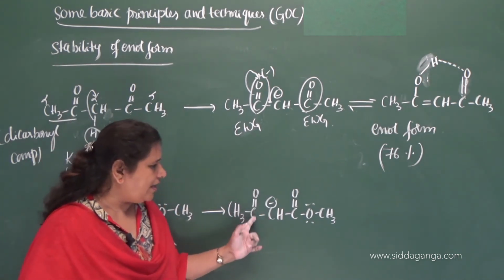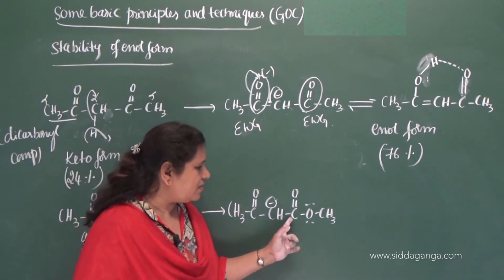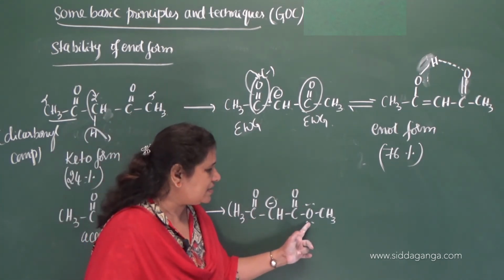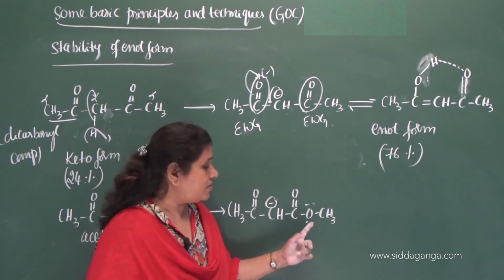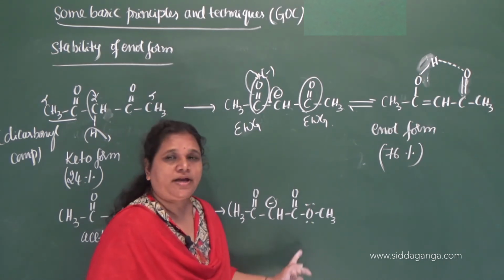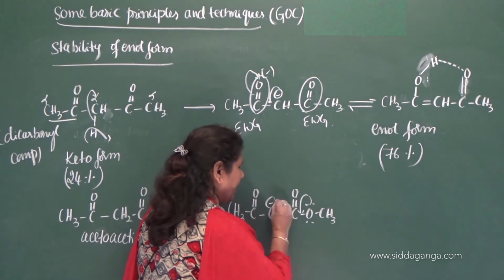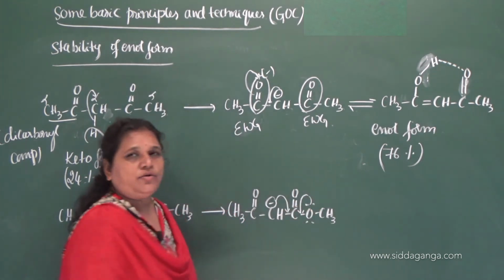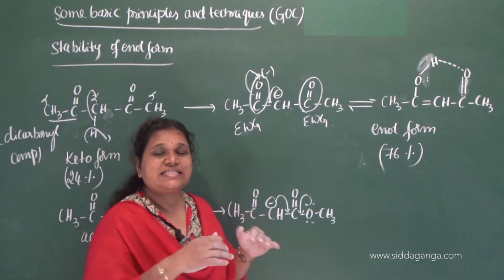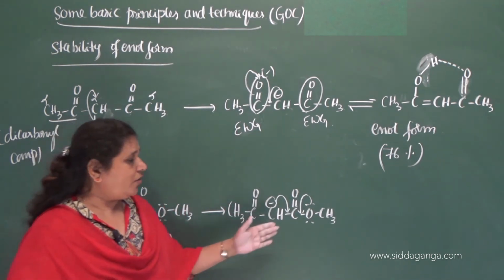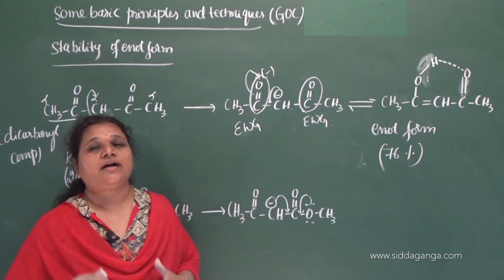No doubt it is electron withdrawing. This is also electron withdrawing, but this is electron releasing, because oxygen contains a lone pair of electrons, it may give this pair of electrons to this, and this also may give electrons to this. Thereby it destabilizes the anion, and you can also call it extended conjugation.